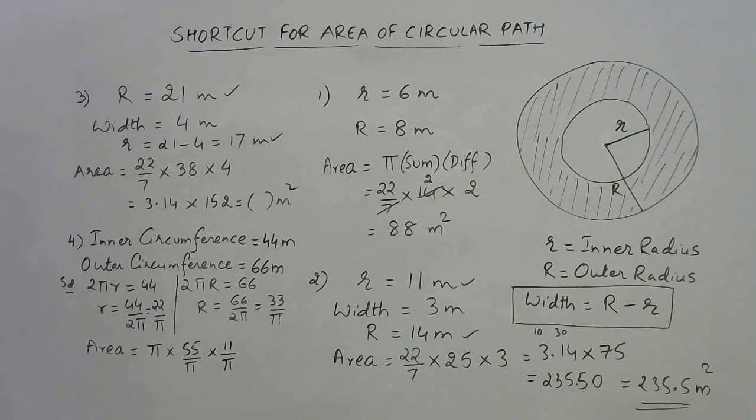So here you have the simplified form of this question. Pi gets cancelled. So here you have 55 into 11, and this pi is in the denominator, which is 22 by 7, so it becomes 7 upon 22. Now you can cancel it. 11 cancels 2 times. Nothing else is cancelling here. So you will have 7 5 is 35. So 385 upon 2, giving you the final answer as 192.5 meters square. Now this is the area of the path.